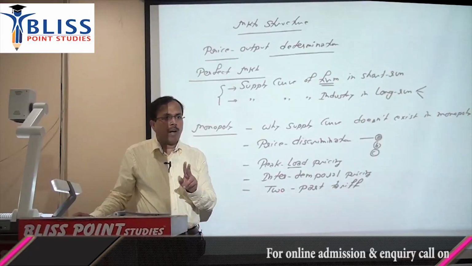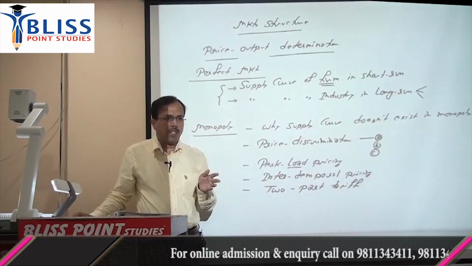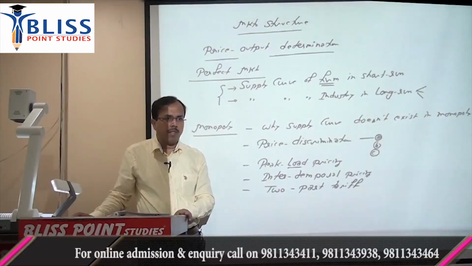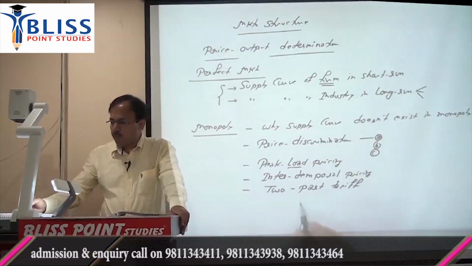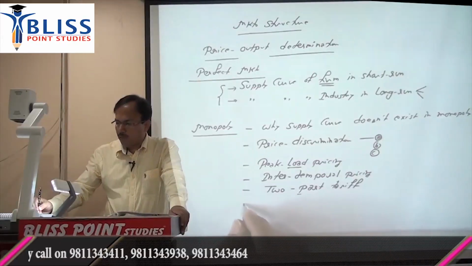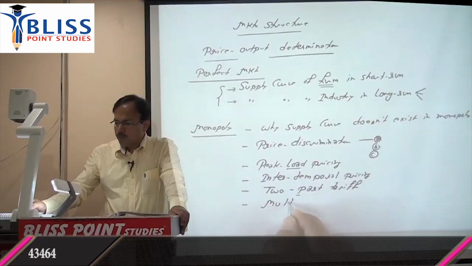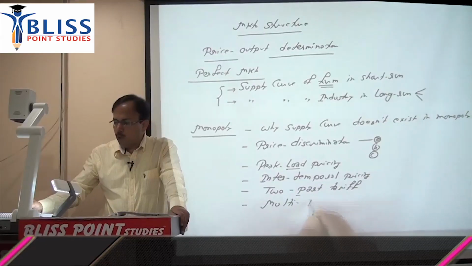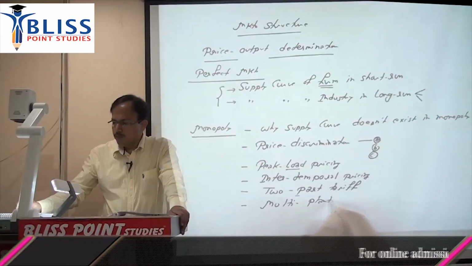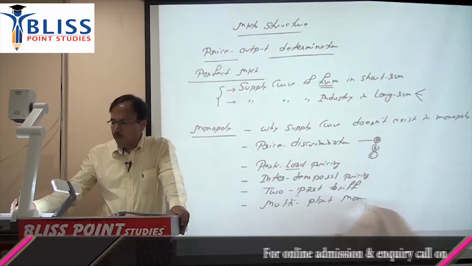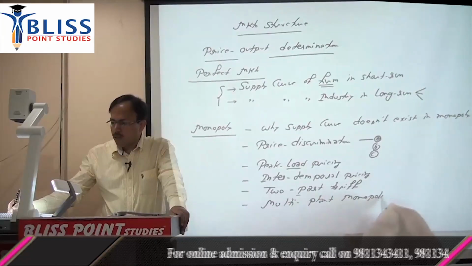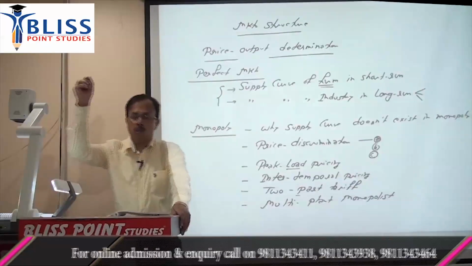So there are two different parts of tariff. One part is fixed and the other part is variable. So how do they determine that two-part tariff? In monopoly, you may also include multi-plant monopolist.